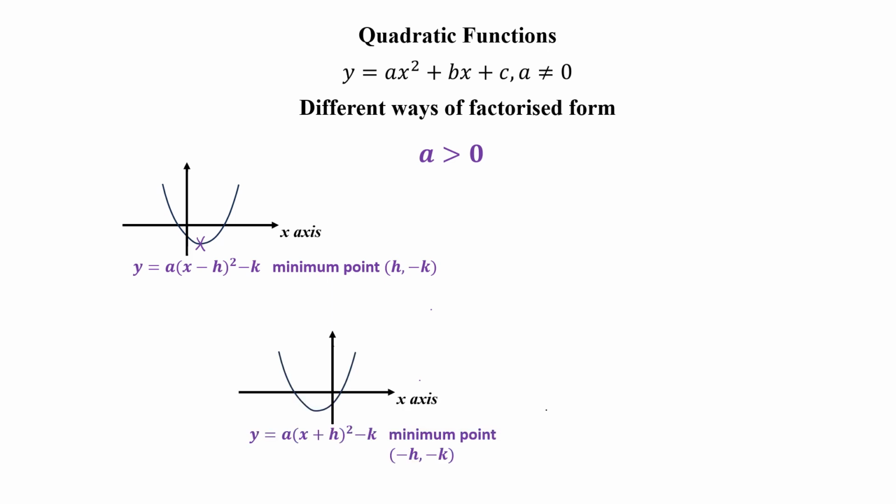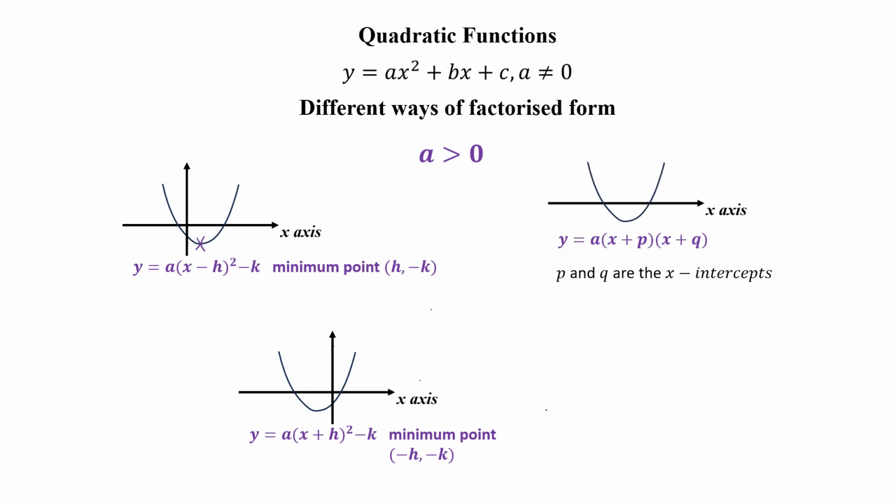In this case, you would see that the x coordinate of your turning point will be negative h. For the y coordinate, because it's below the x-axis, it's negative k. So one example would be, right, where your minimum point here is negative 2, negative 3.